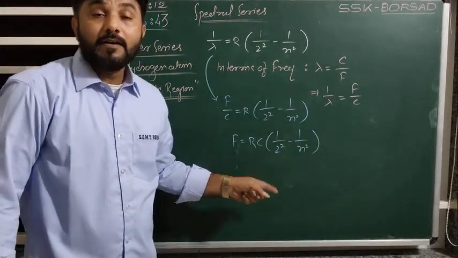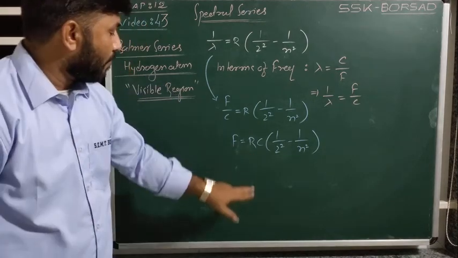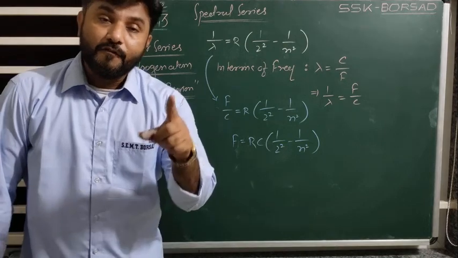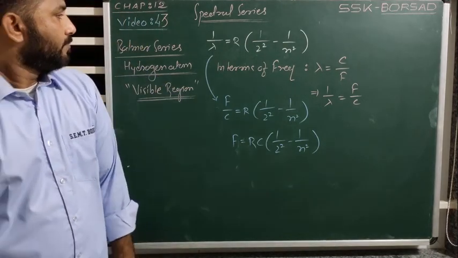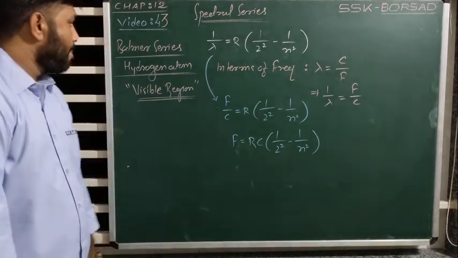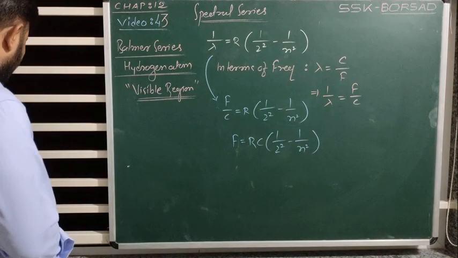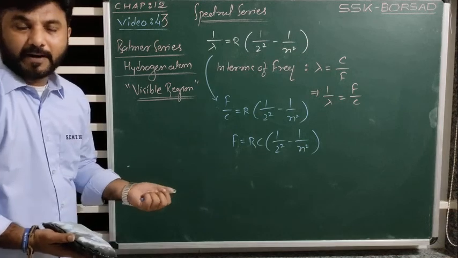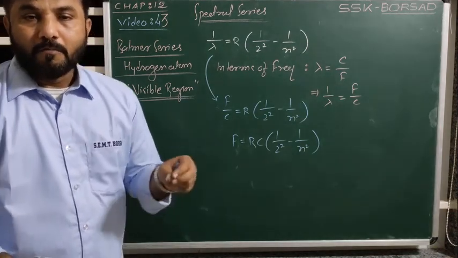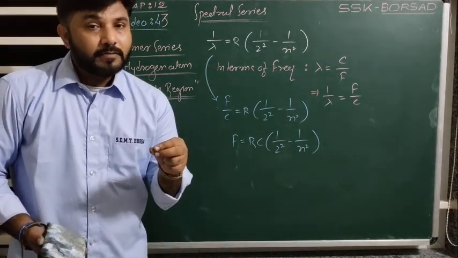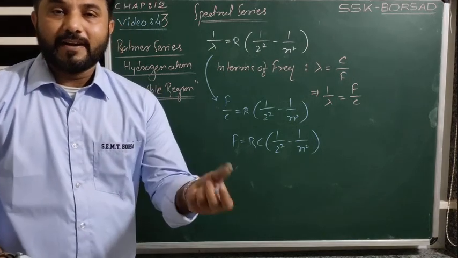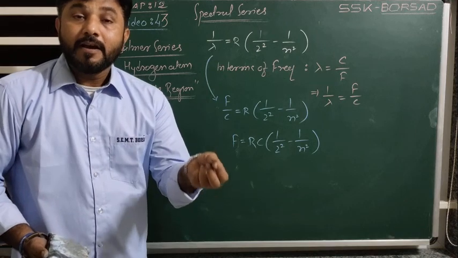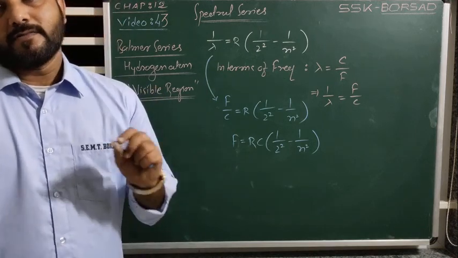What is R? Rydberg's constant. What is C? C is the velocity of light in vacuum. Let us see. After Balmer's discovery of the spectral lines in visible light, a few scientists took ultraviolet and infrared lines.